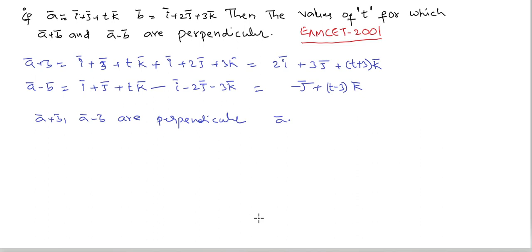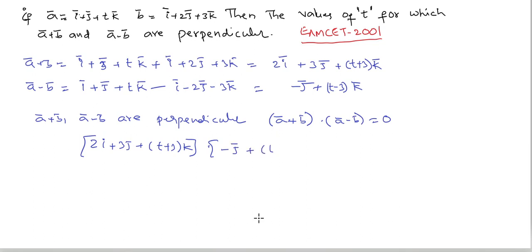Perpendicular means dot product is equal to 0. So A bar plus B bar dot A bar minus B bar is equal to 0. That is 2i plus 3j plus (t plus 1) k dot minus j bar plus (t minus 1) k bar equals 3 into minus 1, plus (t plus 1) into (t minus 1) equal to 0.